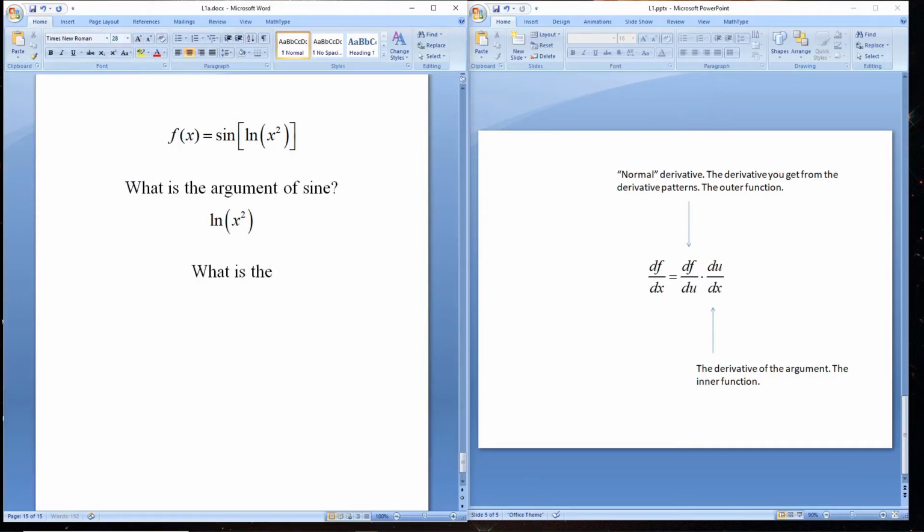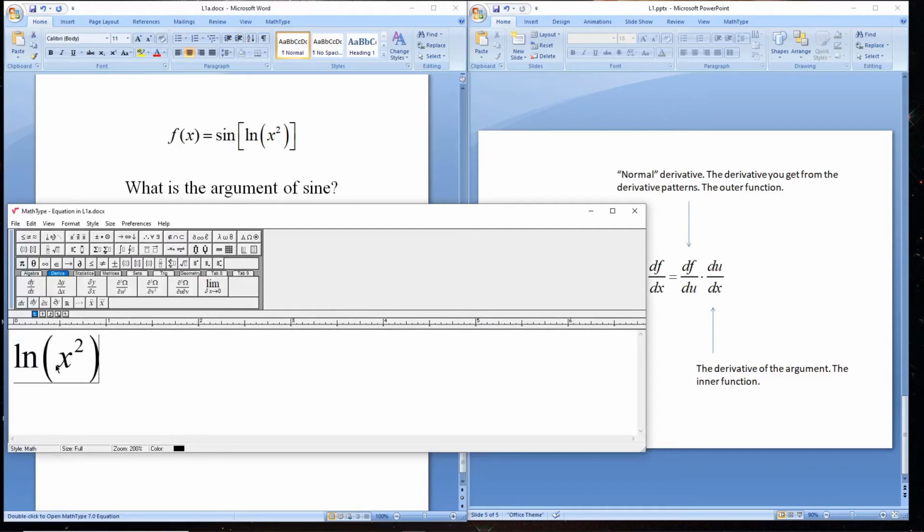What is the argument of the log function? The argument of the log function is what's in the log function, and that's x squared.